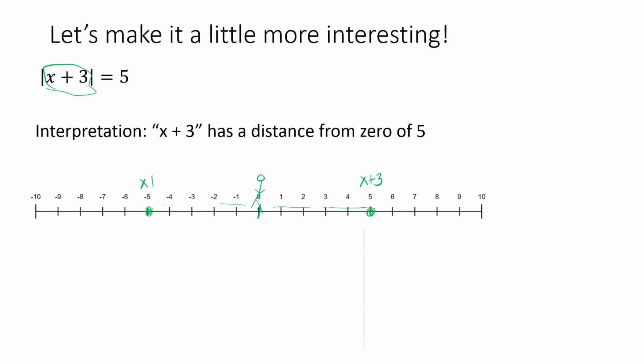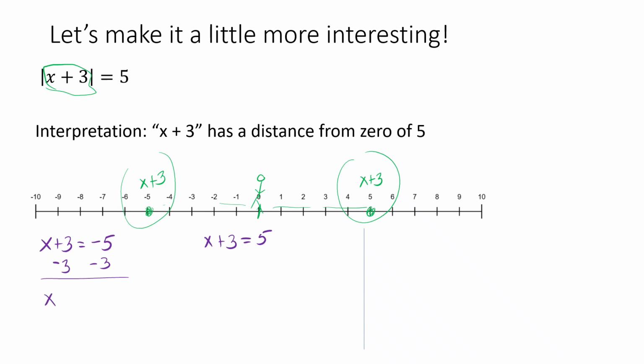And then we could also have the X plus 3 over there has a distance from 0 of 5. Now, what that means is that this expression and this expression both become their own equations. So X plus 3 could be equal to -5, or X plus 3 could be equal to 5. Either of those will work. Okay, so X plus 3 could be the -5 or the 5. And then you just solve these as is.